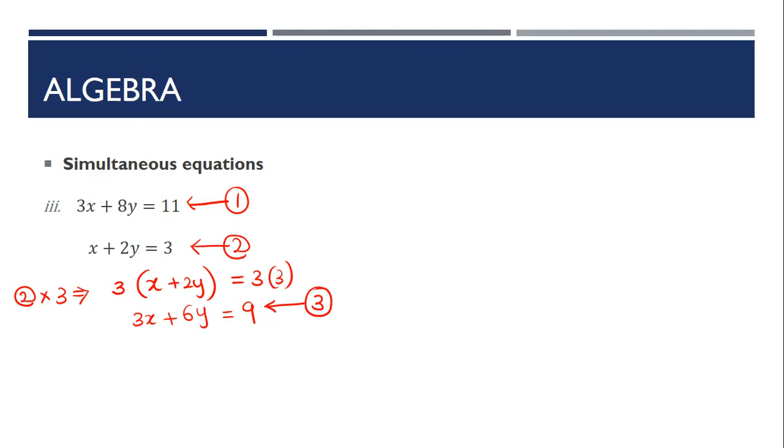So now, first equation minus third equation. The left hand side 3x plus 8y minus 3x plus 6y, and the right hand side 11 minus 9.